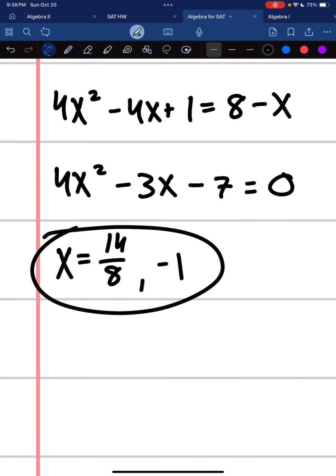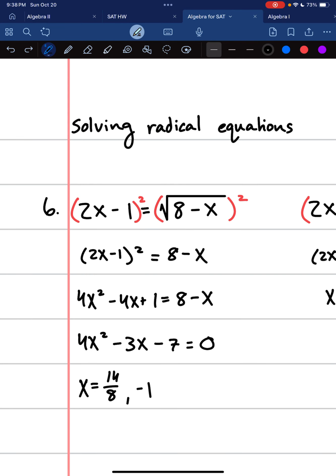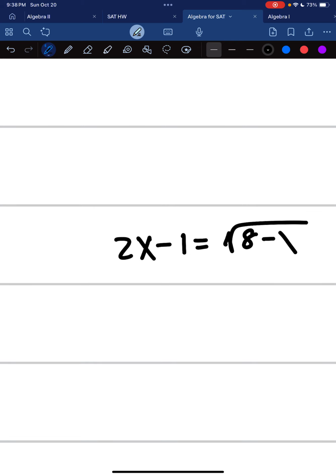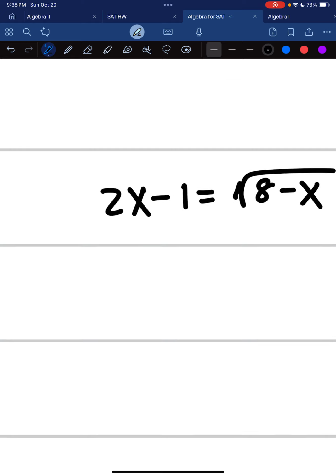If we take a look at these 2 solutions, x equals 14 over 8 and x equals negative 1, why don't we go ahead and plug them into our original equation? So we have 2x minus 1 equals root of 8 minus x. And if we're testing these 2 solutions, let's go ahead and plug them in for x.